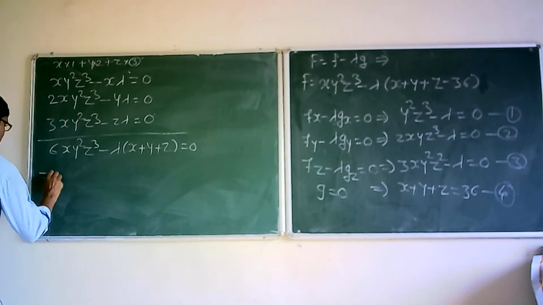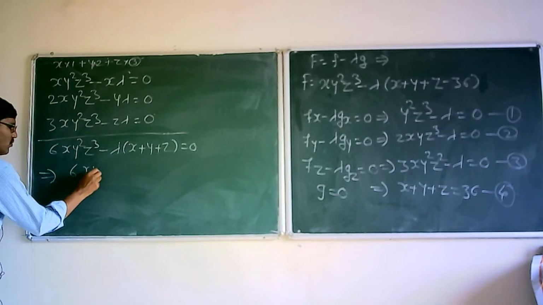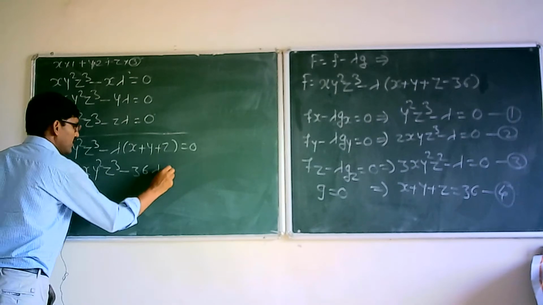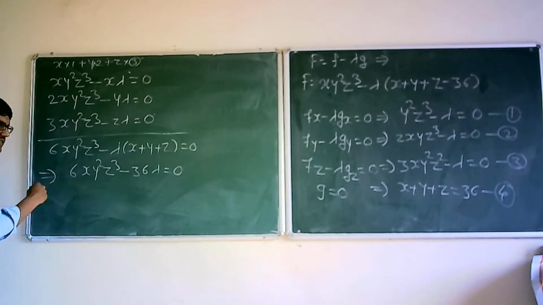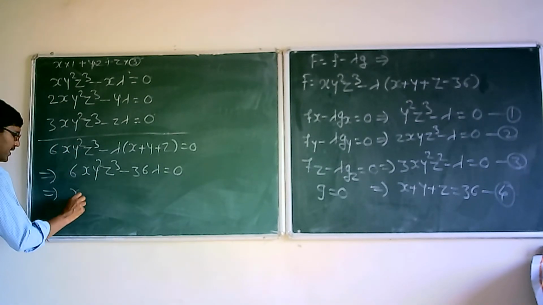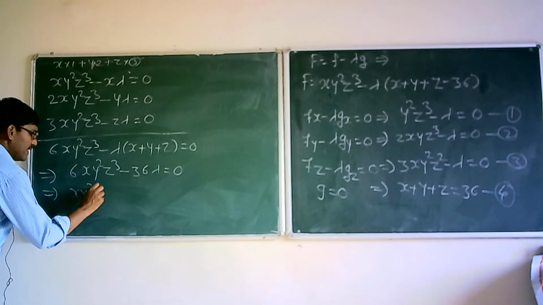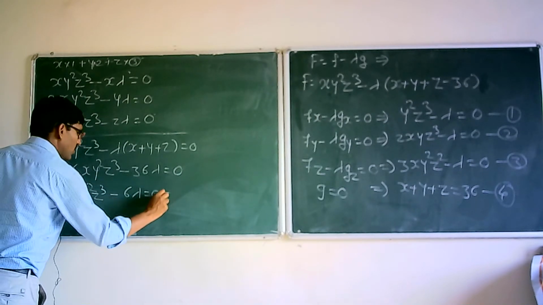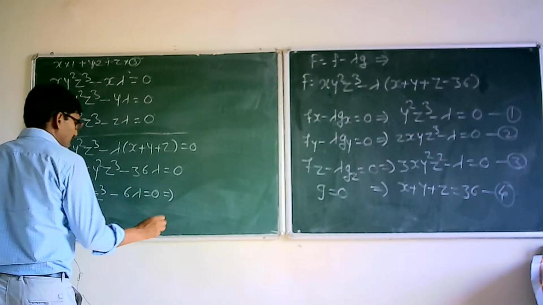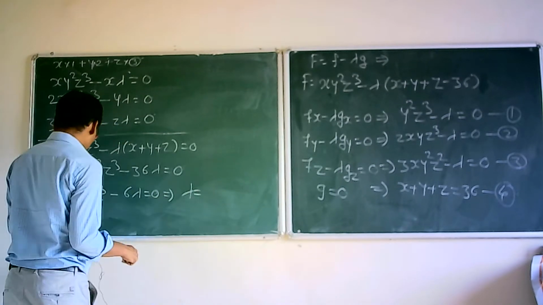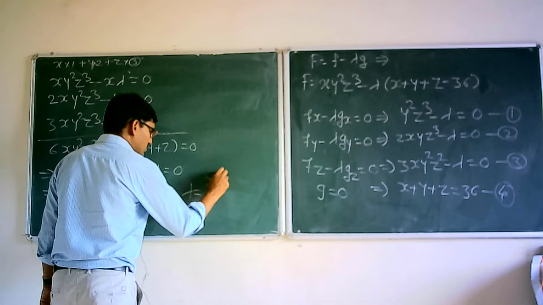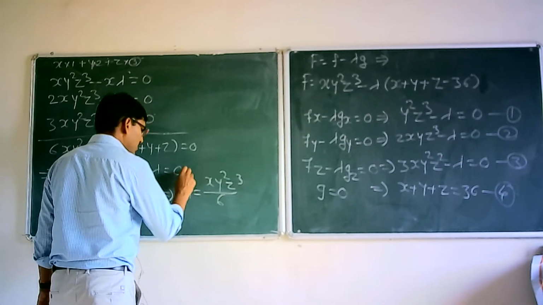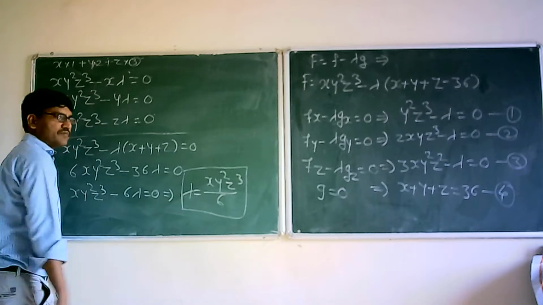So this implies 6 x y square z cube minus 36 lambda is equal to 0. If you take 6 outside, you will get x y square z cube minus 6 lambda is equal to 0, and this implies lambda is equal to x y square z cube divided by 6. So this is the value of lambda.